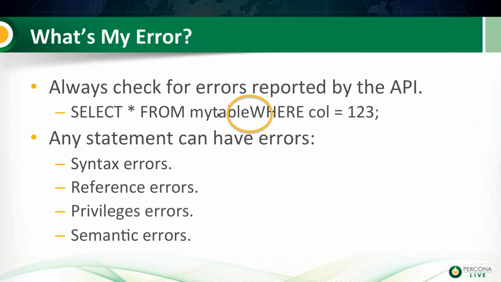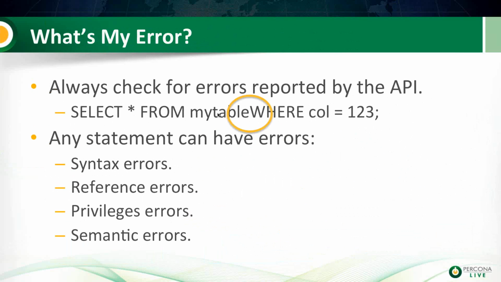Any statement can have errors. You could have syntax errors like this one, where I just ran two words together and formed an invalid query. You could have reference errors. That is, maybe you misspelled a table name, or had a SQL query that at one time had the correct table name, but then somebody renamed the table later on and broke your query. Maybe you got everything right, but you have privilege errors. You just don't have select privilege on that table, and therefore you can't read from it.